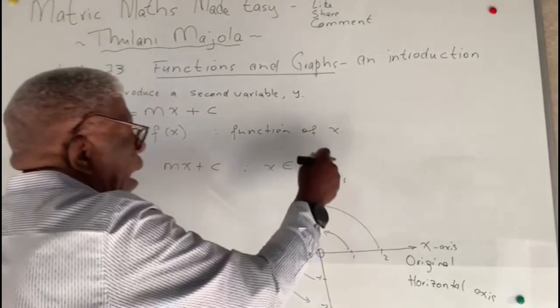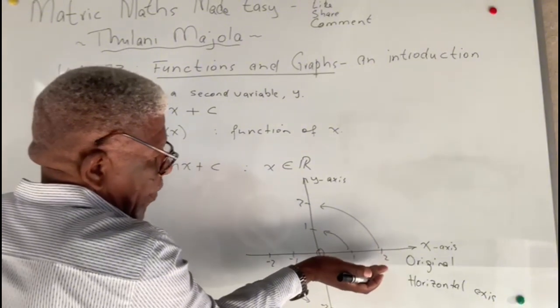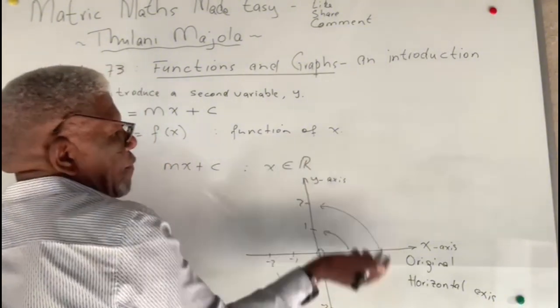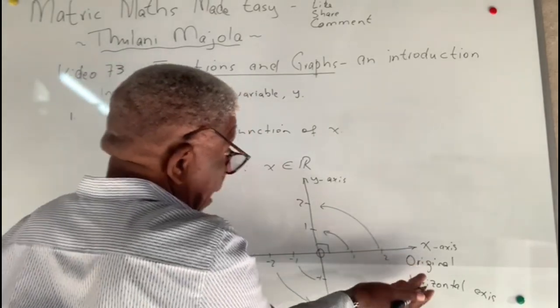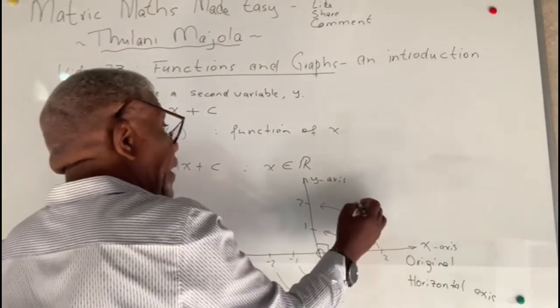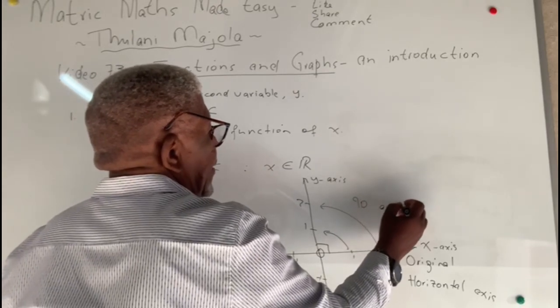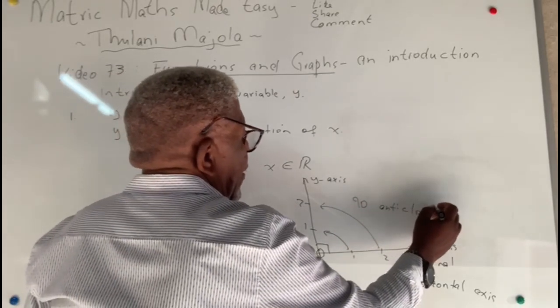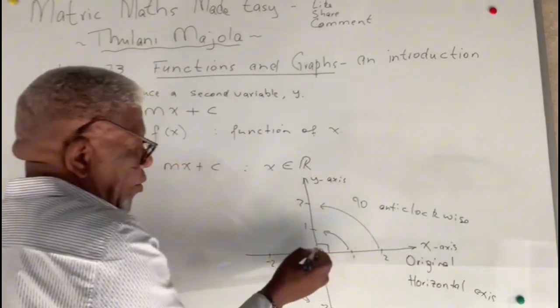So the y-axis, or the y values, are now the deduced values. We have rotated the original number line 90 degrees anti-clockwise, to get your y, yeah?